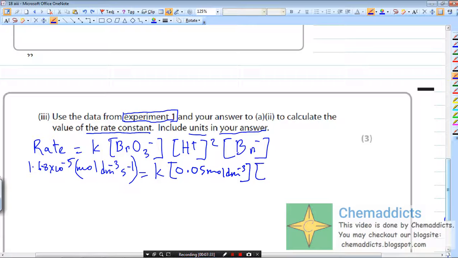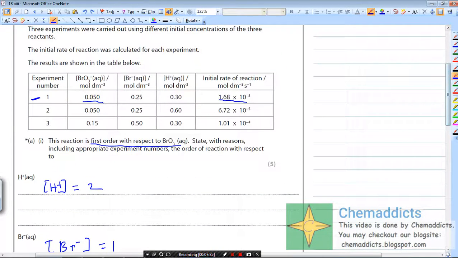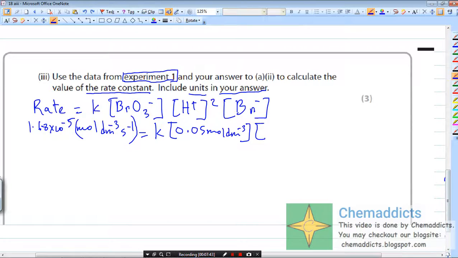The concentration of H plus is 0.3 mole per dm cube, and the concentration of bromide is 0.25 mole per dm cube. So 0.3 mole per dm cube whole square, and 0.25 mole per dm cube.